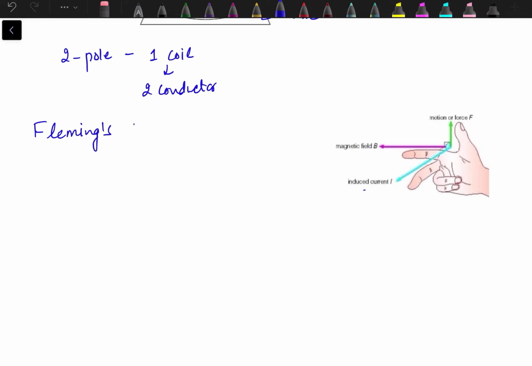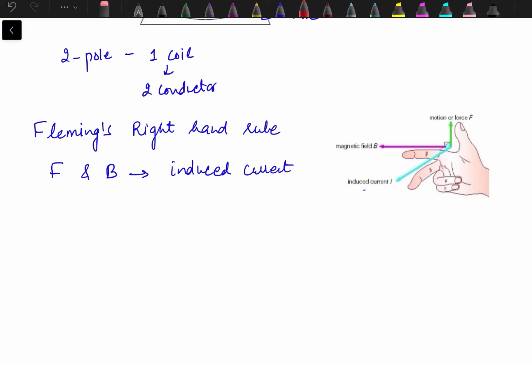It's Fleming's right hand rule. Now, according to Fleming's right hand rule, if we know the direction of force and magnetic field, then we can find out the direction of induced current.